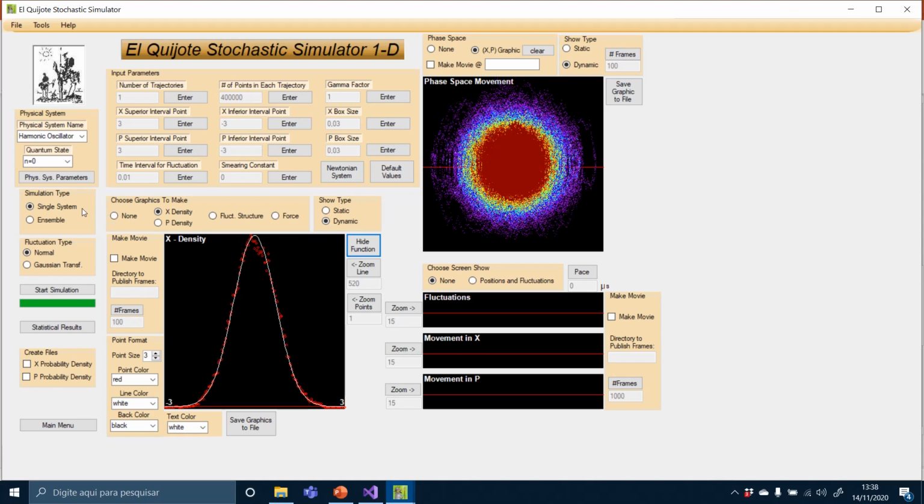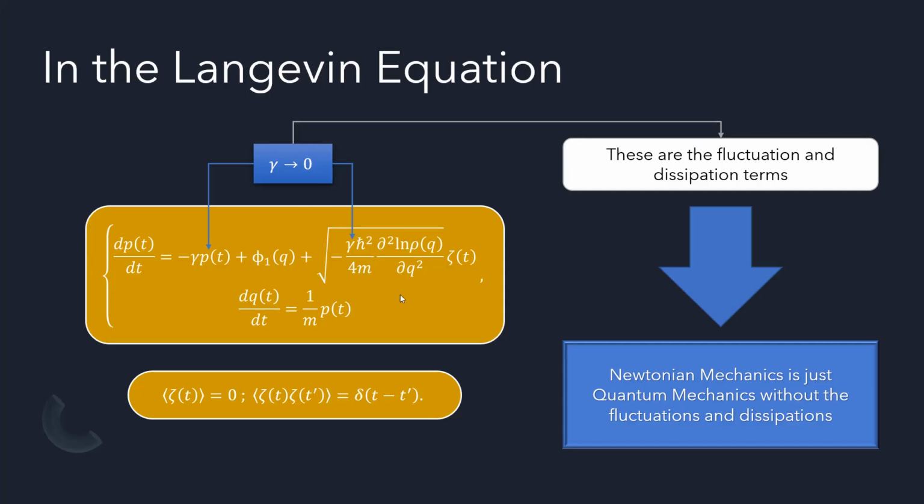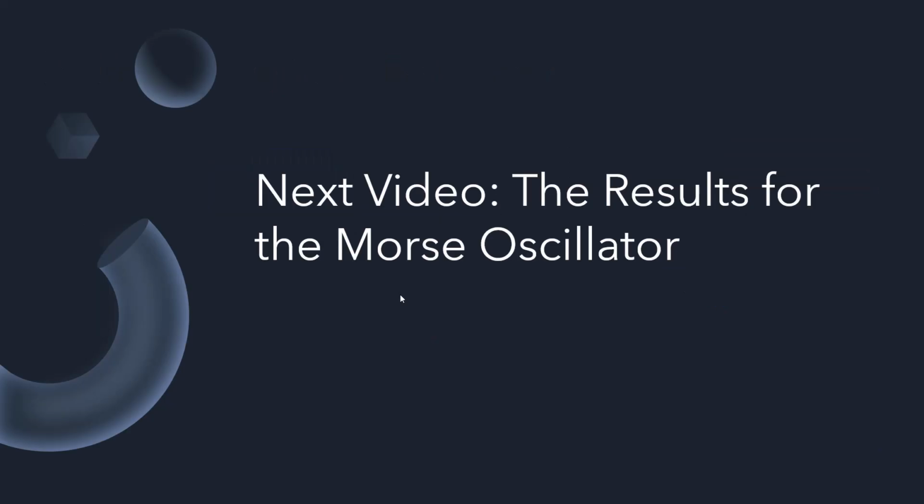This, of course, can be applied to the excited states because since we are making the fluctuation dissipation terms equal to 0, it doesn't matter in which state we are. We can also make the same simulation for the Morse oscillator. I will do that in another video. Okay, this is what I would like to show you in this video. In the next video, I will show the same results for the Morse oscillator.